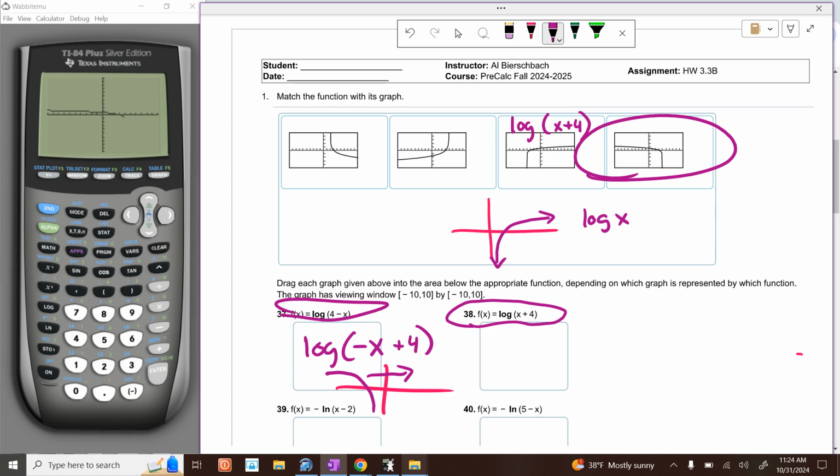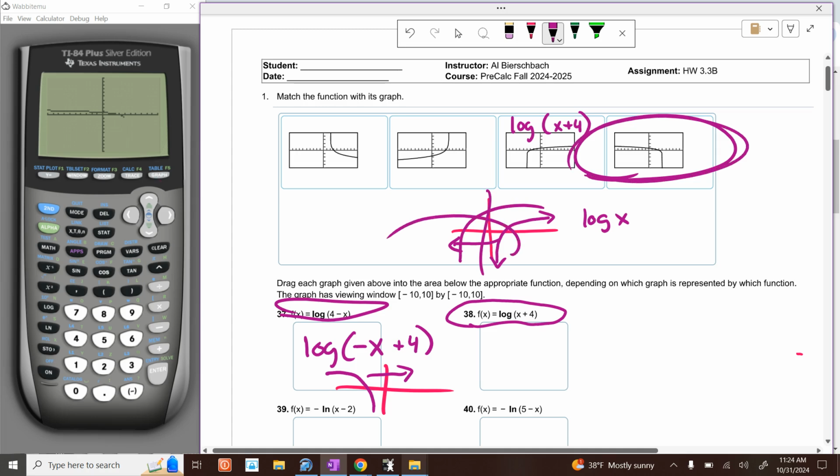But when it's in parentheses, you must have to do everything backwards. So you must have to slide it 4 first and then flip it. Okay, so this slides 4 first this way to be like that. Then if you flip it around the y-axis, it goes to that, which is this one. Learn something new every day.